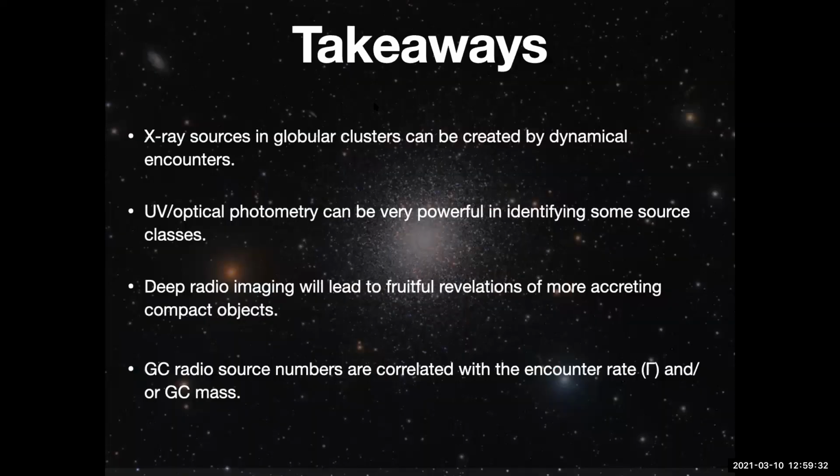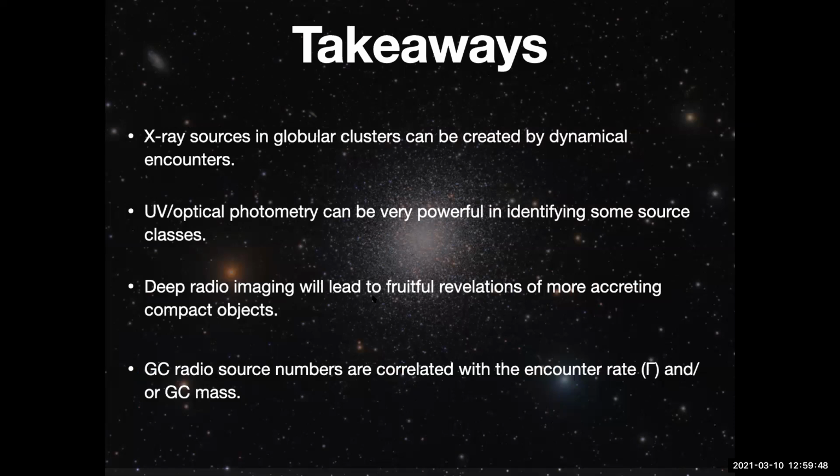So finally, some takeaways. X-ray sources in globular clusters can be created by dynamical encounters, and we can use UV and optical photometry to classify some of the X-ray sources effectively, such as ABs and CVs.